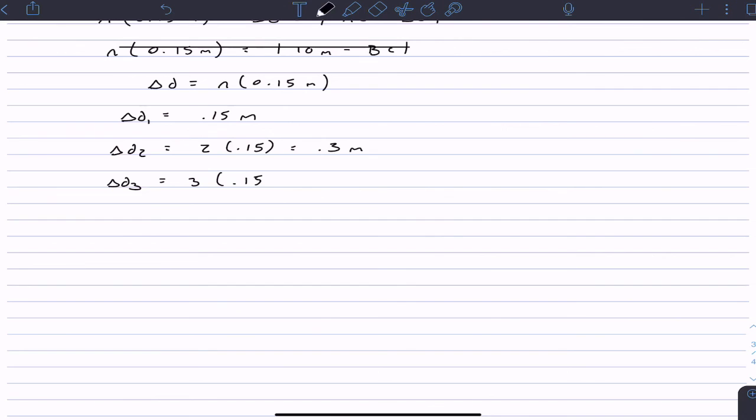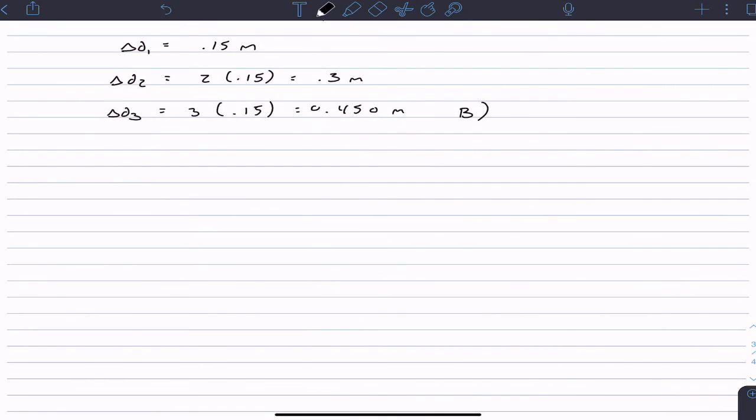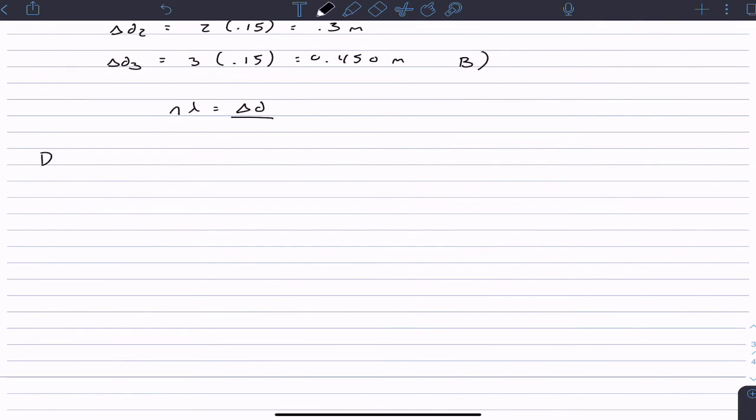So if n is 3, 3 times 0.15 gives you 0.45 meters, which is an option. That is option B, so that's the one we're going to go with. So at 0.45 meters, the signal is at a maximum for this setup. Just to recap, I used this relationship, and it asked us for the difference in D. Okay, next problem.